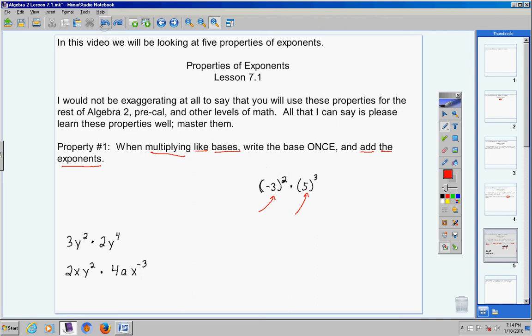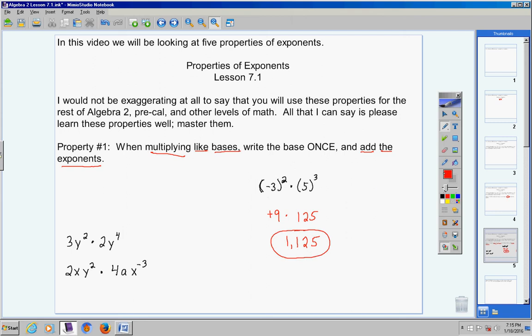So you'd have to simply say, okay, -3 squared is +9. 5 to the 3rd power is 125. And then multiply those together, and you will get 1,125. You cannot use these properties, okay?